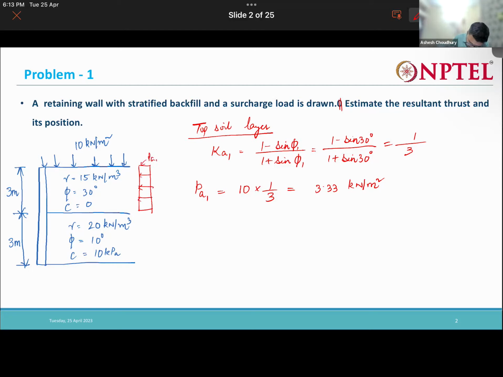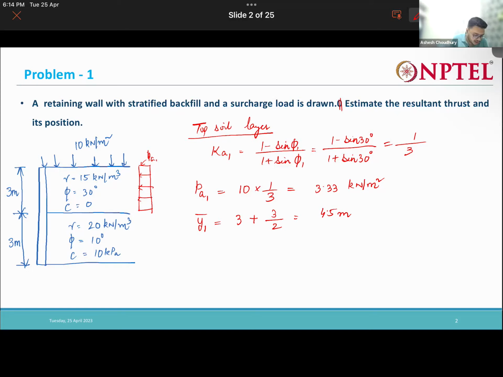So this is PA1. From the bottom, Y1 bar is 3 plus 3 by 2, equal to 4.5 meters. So we got the effect of the surcharge for the top soil layer.